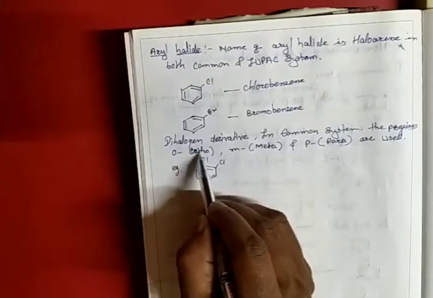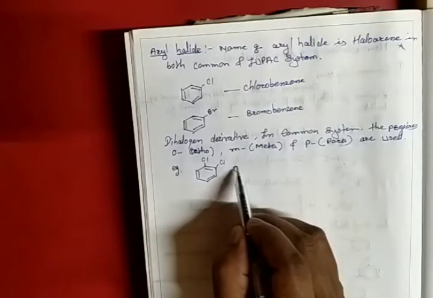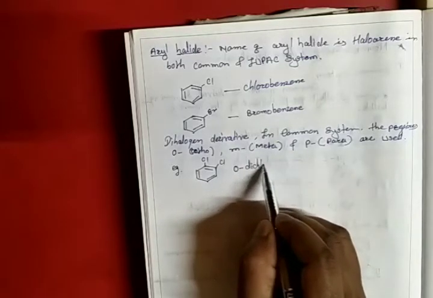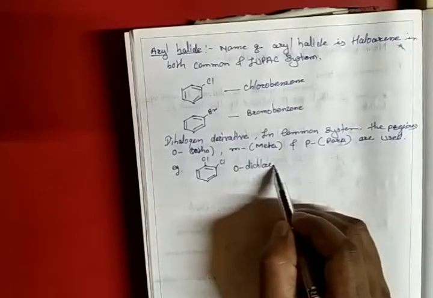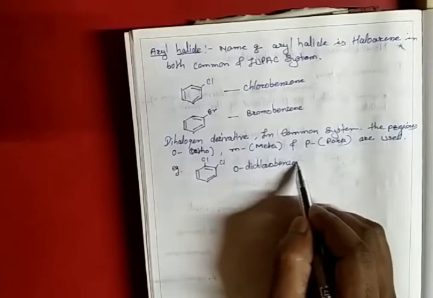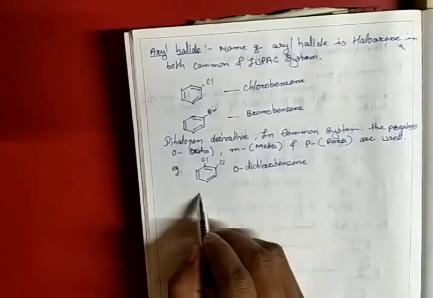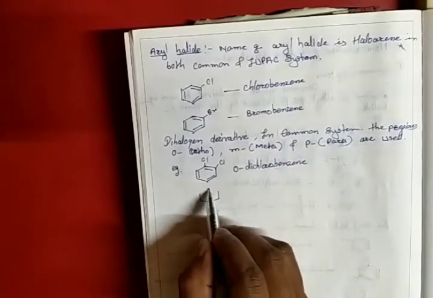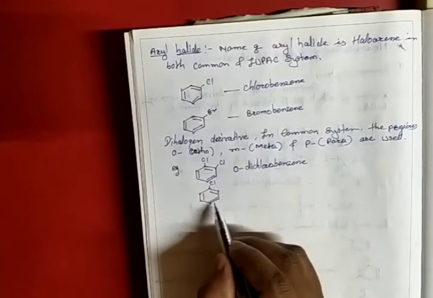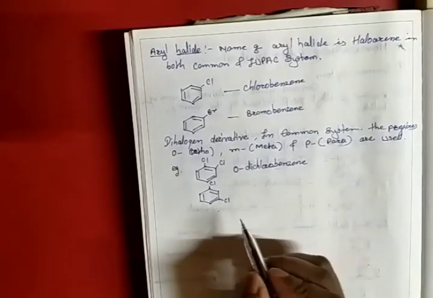Its common name is o for ortho, two chlorine atoms, dichloro, and the arene is benzene: ortho dichlorobenzene. Next, suppose there is chlorine here and chlorine here.